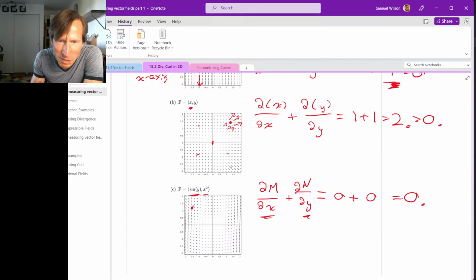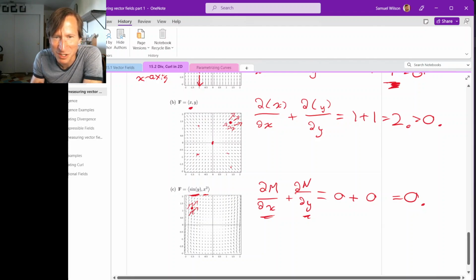A little bit above this point, fluid is flowing out at the same rate that it's flowing in a little below this point, and right to the left and the right, fluid is flowing roughly parallel to this point, so it doesn't really flow into or out of this point. So there is no net flow near any point.